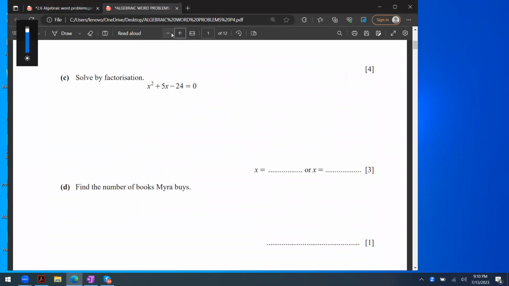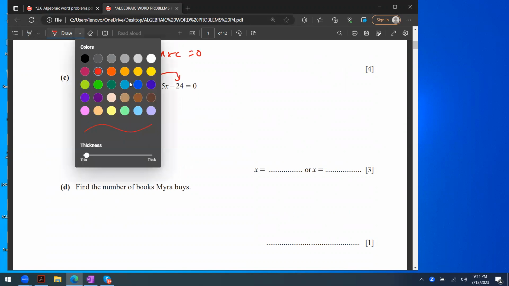So first, multiply. The general form of a quadratic equation is ax squared plus bx plus c equal to 0. First, multiply the coefficient of x squared, that is a, with the c. Okay. It is 24.